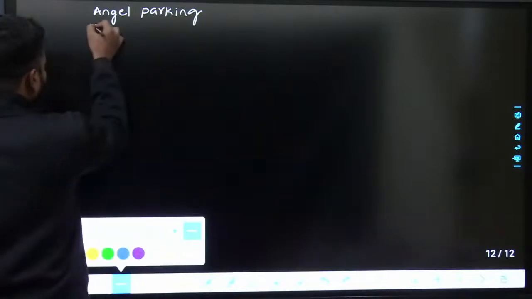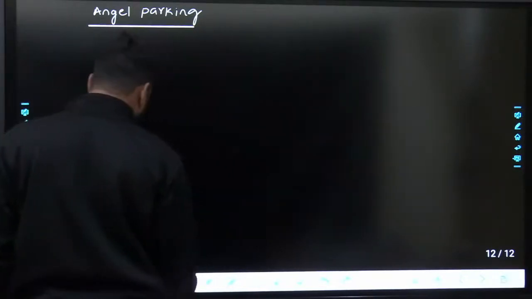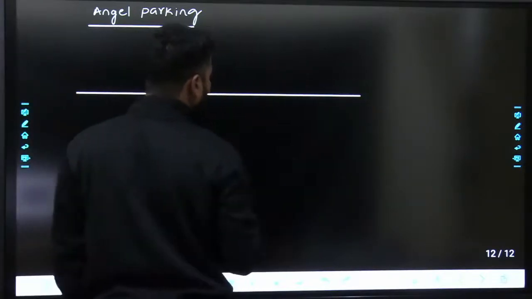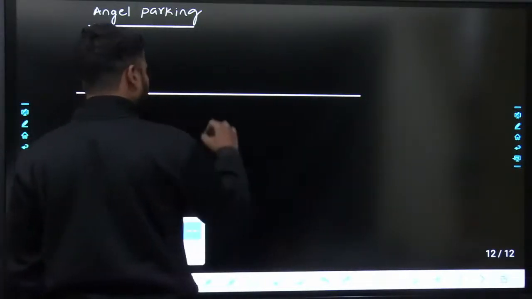In angle parking there will be 30 degrees parking. First we will go with 30 degrees parking. It would be something like this.